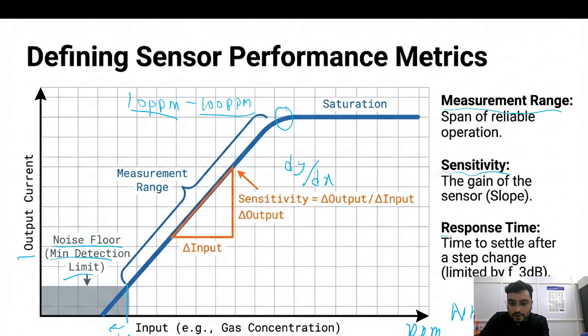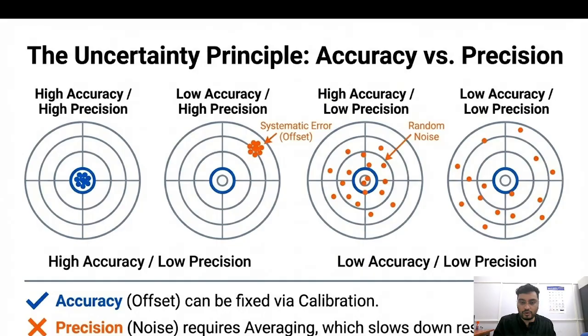Then response time: how much time we require to sense that. It cannot be done perfectly with one accumulation, so we need to go multiple times. So it takes a few seconds to settle and understand how much concentration of gas, suppose ammonia or another gas like H2S, is there. So it will take a little more time.